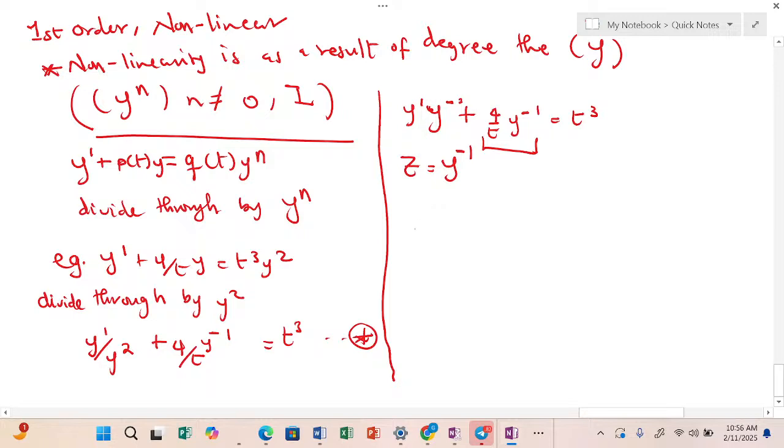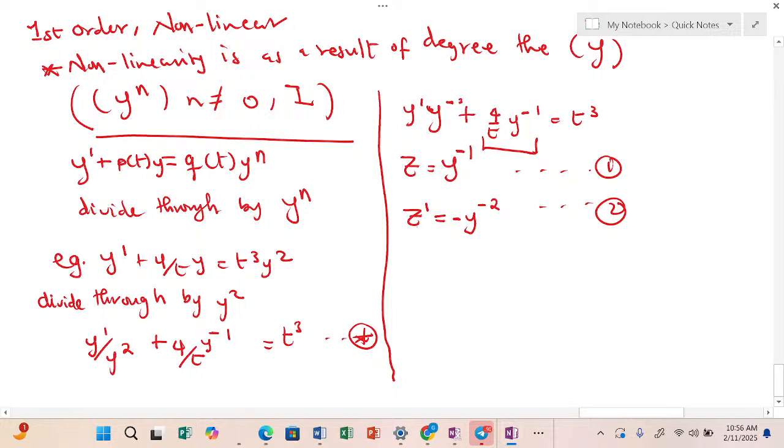And Bernoulli says that you go ahead and differentiate this z. Then we get z prime, and then we get negative y to the power negative 2. After getting this, we substitute them into the equation. Wherever we see y to the power negative 1, we put in z.